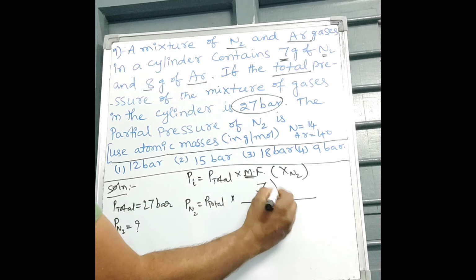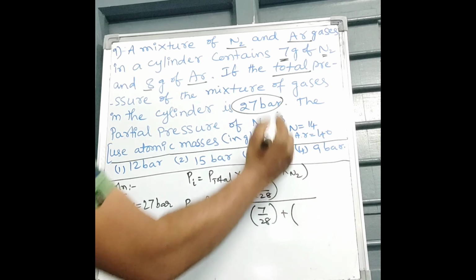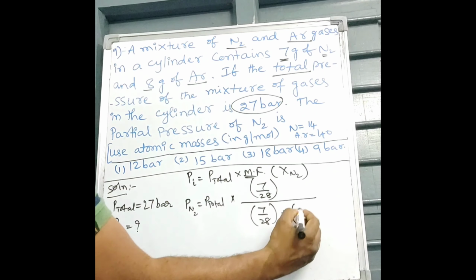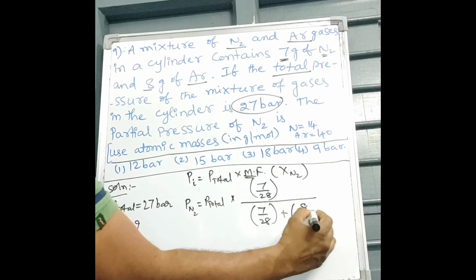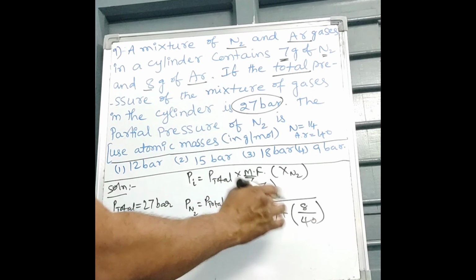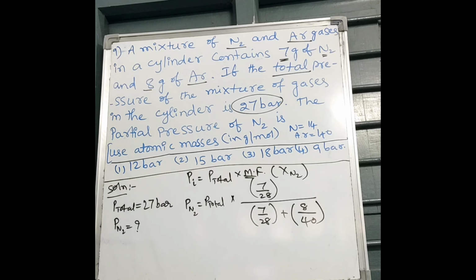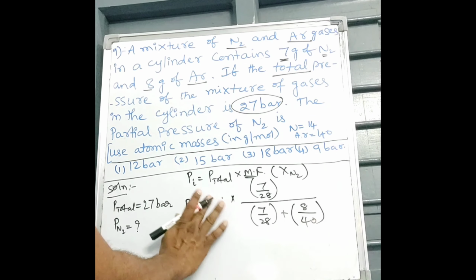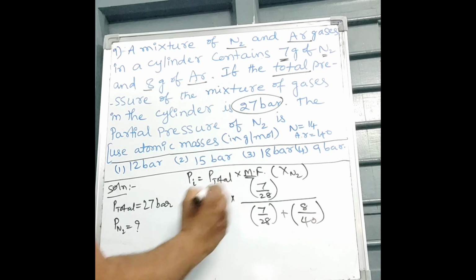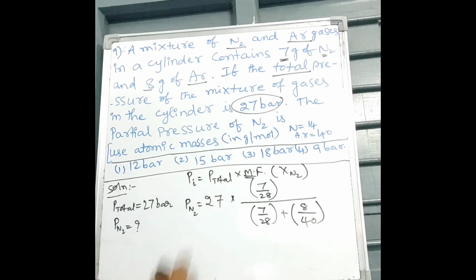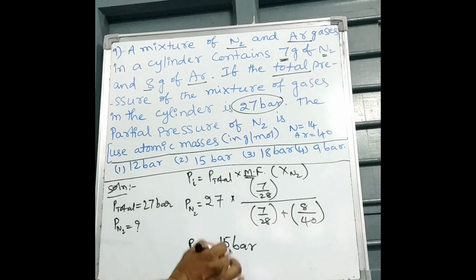And 7 by 28 plus, here the other gas is what? Argon, 8 by 40. So number of moles of nitrogen by total number of moles of all the component gases. P total, how much here? 27 bar. If you solve this problem, you get the partial pressure of nitrogen as 15 bar. 15 bar is the correct answer for this question.